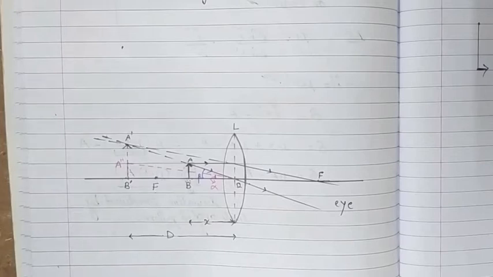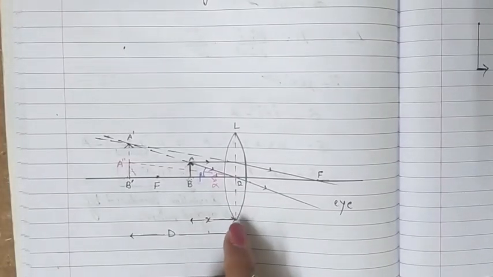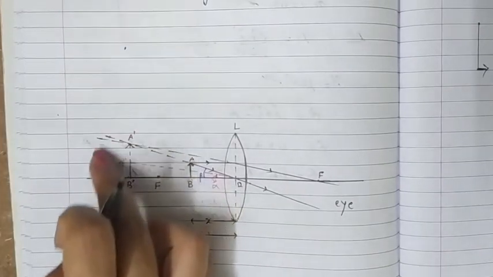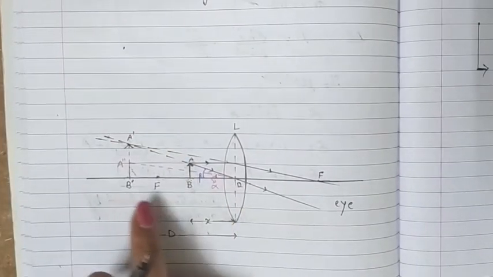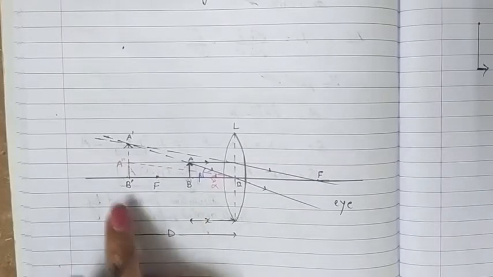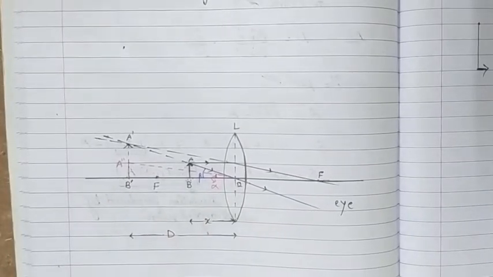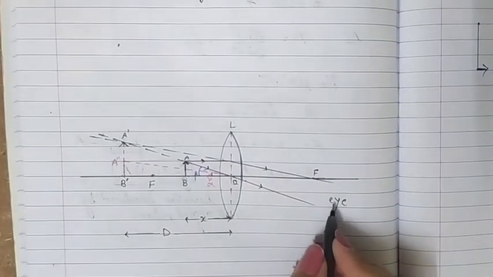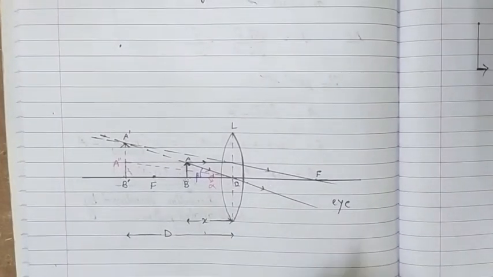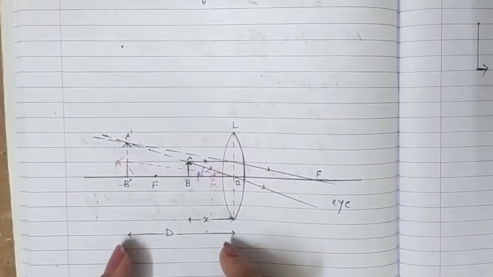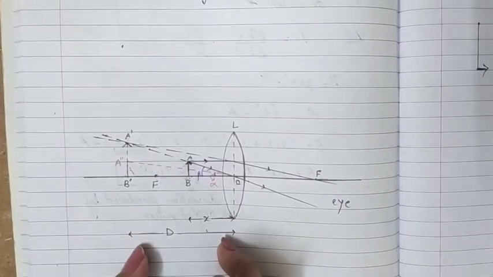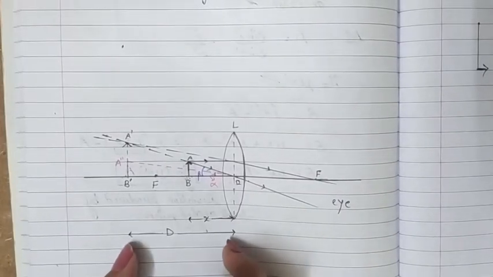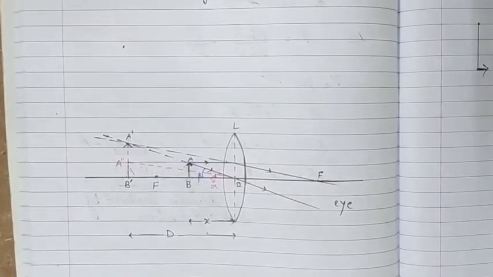Then the position of the lens is adjusted such that the final image is formed at a distance D from the lens. So we are going to adjust this lens such that we can just see the clear image or a perfect image of that object AB, and that should be at the distance D, because if the person has a healthy eye, with no vision defect, then the least distance of distinct vision is equal to 25 centimeter for that person, and at that point that person can see the image clearly.